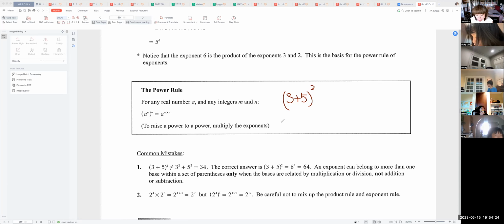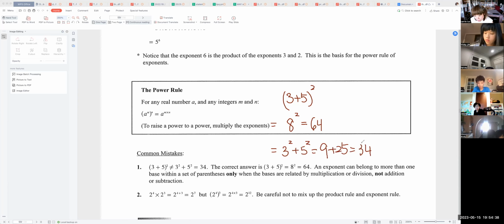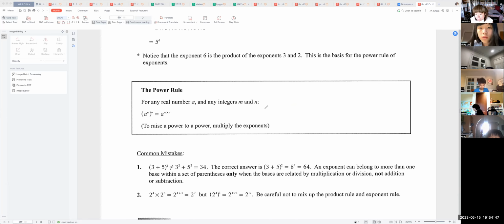So let's take a look at this one. 3 plus 5 squared equals what? Equals 8 squared, 64, right? But some students said it equals 3 squared plus 5 squared equals 9 plus 25 equals 30. So they're not equal to each other. Actually, everybody, in powers, most of the questions only have multiplication and division.